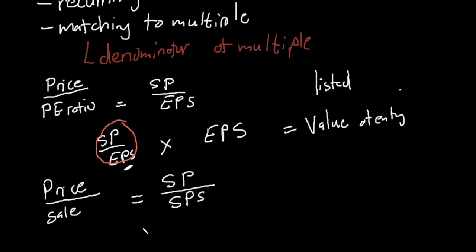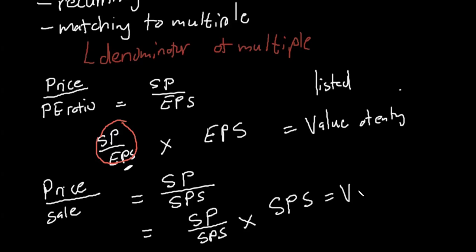Therefore, if I want to determine the value of this entity, I must take the share price of the entity divided by the sales per share, and then I must multiply that by the sales per share, and then I'll get the value of an entity. This will be on a per share basis, the value of the entity per share.